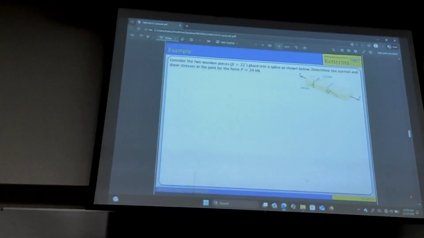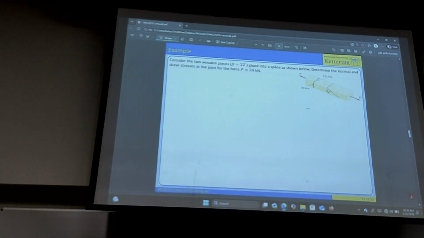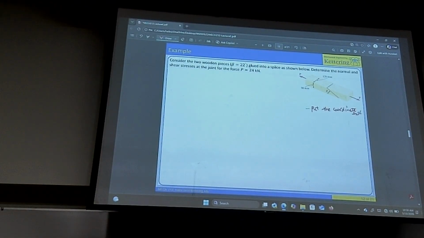All right, we have not done anything like this before, so let me give you the steps. First, define the coordinate system. We said we're dealing with planar stress, so pick Z in zero state.